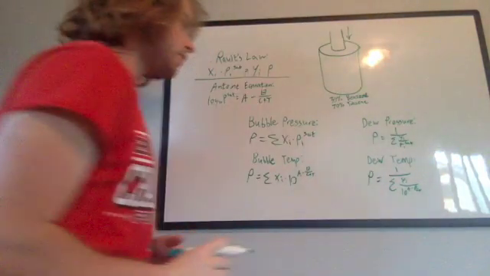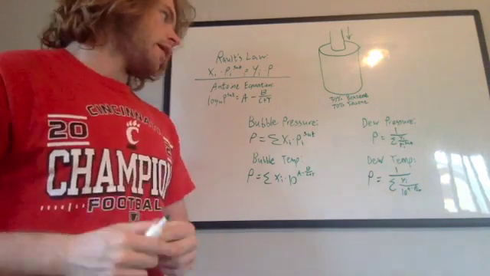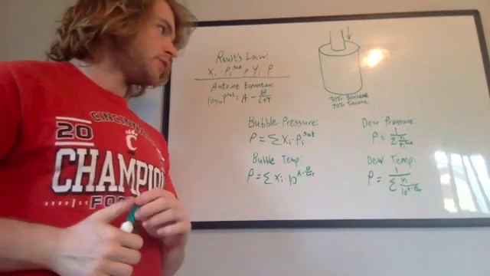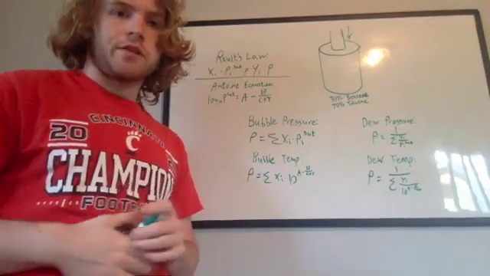Alright, there we go. That is going to be our equation for the dew temperature. And we have all of our equations laid out now, so we're going to hop into Python and create a simulation for this.